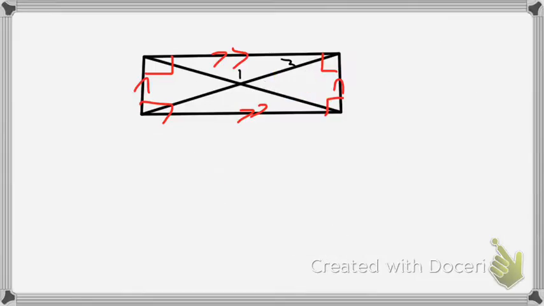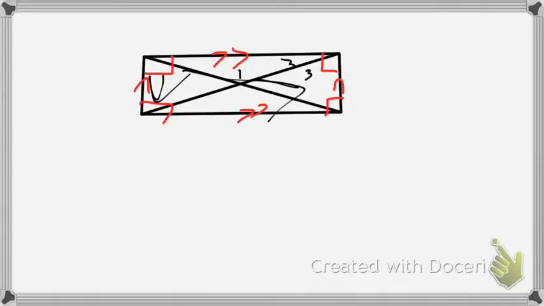Okay, so moving on. Now we're looking at problem number 22. This is a rectangle. How do we know it's a rectangle? Well, because we see that right angle right here. One right angle means four right angles. Why? Because consecutive angles are supplementary. What's supplementary to a 90-degree angle? Another 90-degree angle.